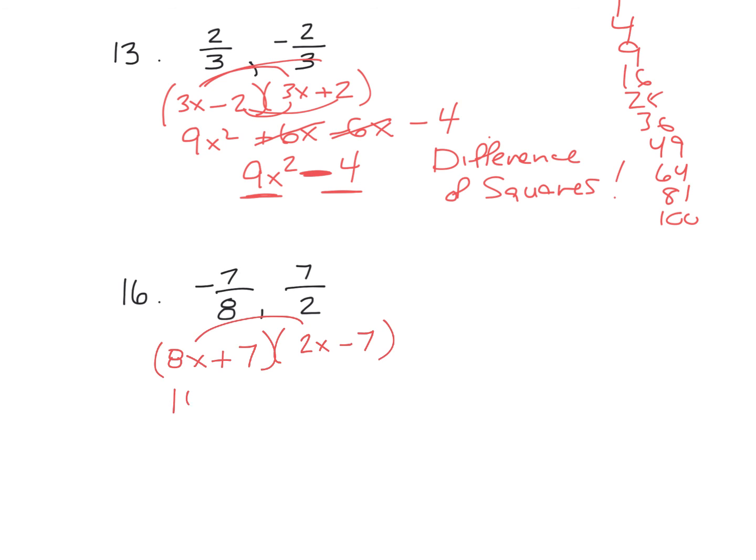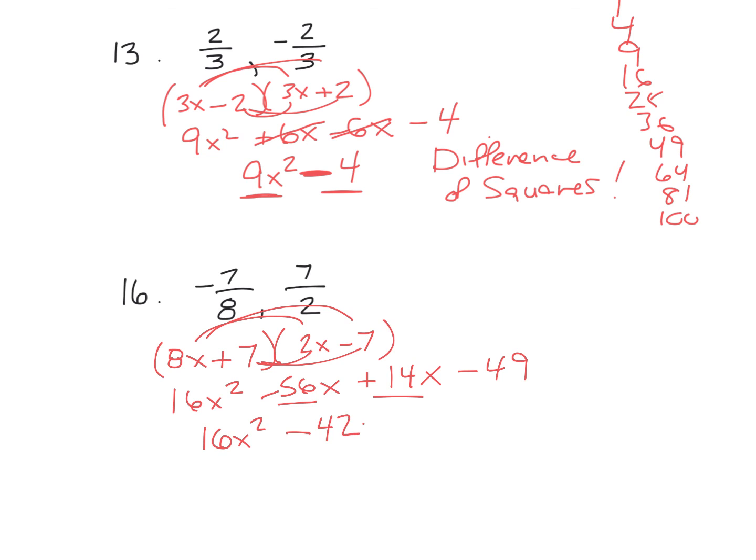And then I would FOIL, so I'd have 16x squared minus 56x plus 14x minus 49. Combine those like terms, I'd have 16x squared minus 42x minus 49. And that would be the quadratic that has those specific zeros.